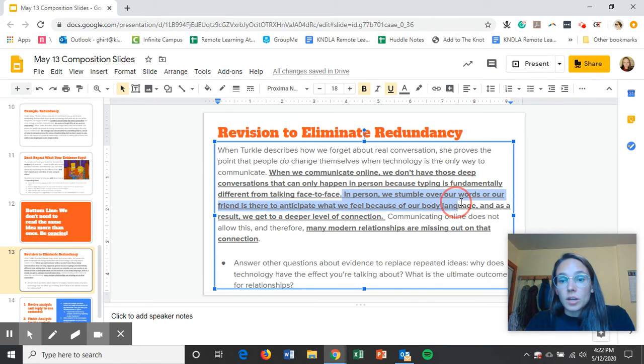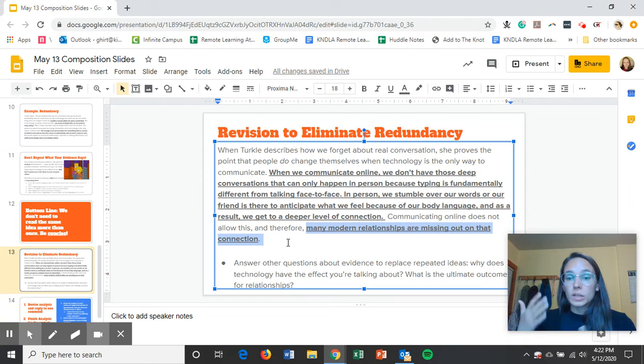In person, we stumble over our words, etc. So I'm basically going into detail about why technology has the effect that you're talking about in this evidence. And then at the end, instead of just repeating what the quote says in different words, I'm adding the ultimate outcome for relationships. So communication online does not allow that, and therefore many modern relationships are missing out on that connection, right?